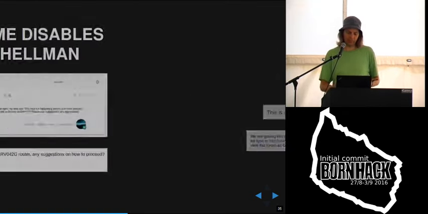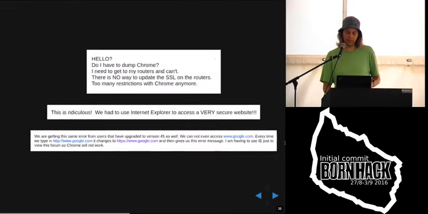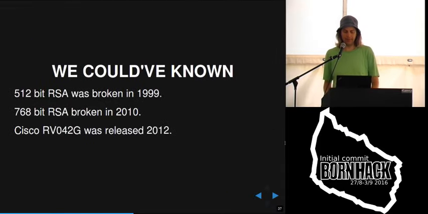So on the page before we had this Cisco router. Now this Cisco router was released in 2012, and RSA with 512 bits has security similar to Diffie-Hellman with the same size. RSA 512 was broken in 1999.